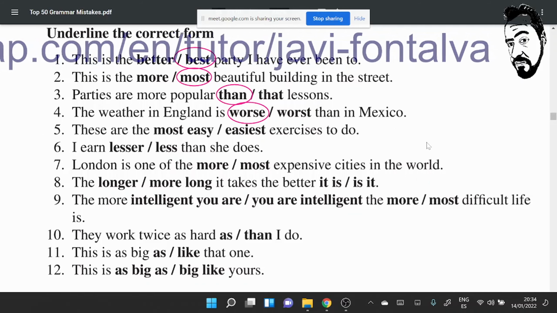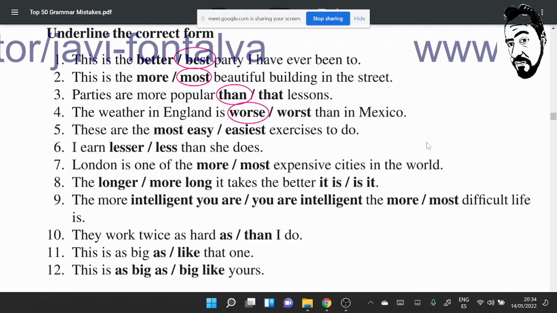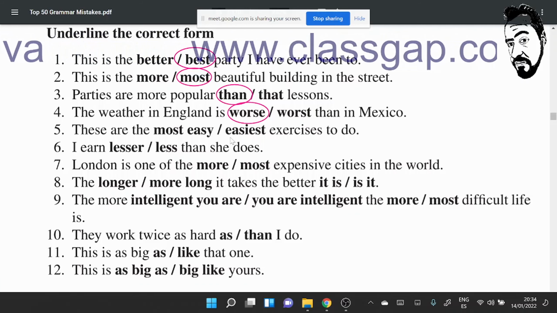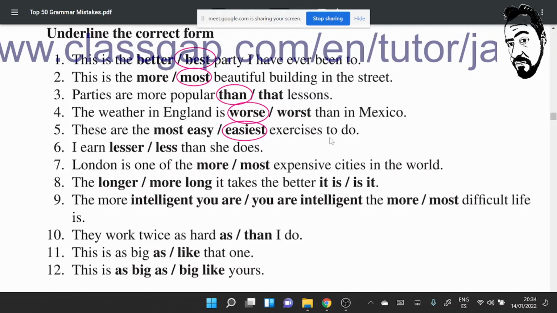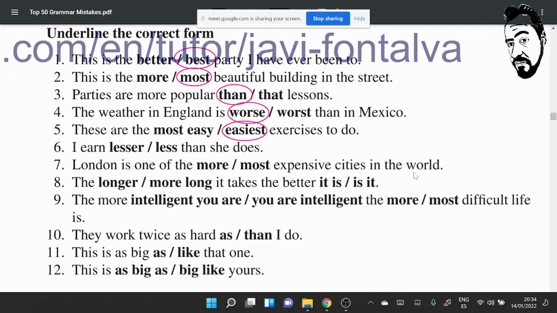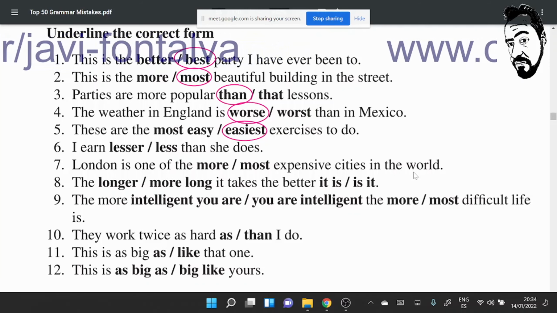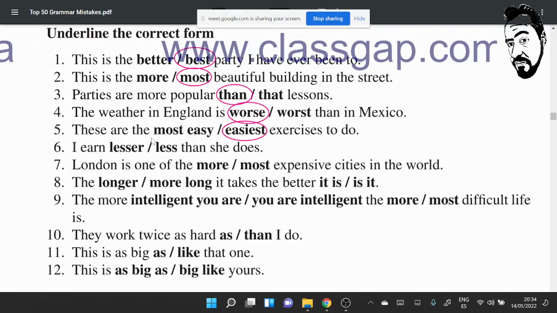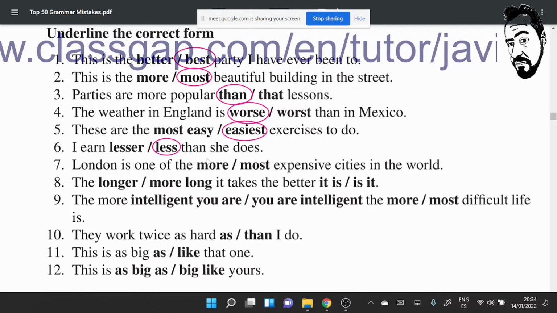Number 5. These are the easiest exercises to do. Number 6. I earn less than she does. So I earn money, yeah? I earn less than she does.